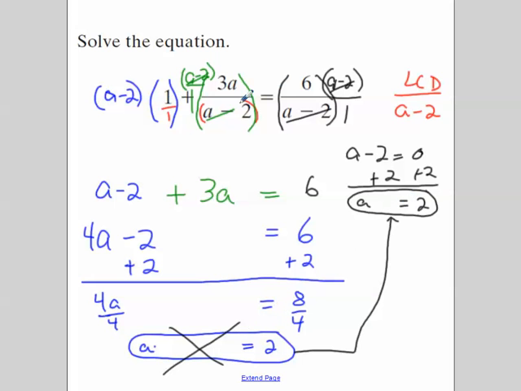So essentially this equation has no solution. It's kind of a long way around to find that, well, we've got no solution. We did do all of our steps, and we did all of our steps correctly, but because a equals 2 is the only solution we came up with, but it's a restricted value, we essentially have no solution. So officially the answer to this one is no solution.